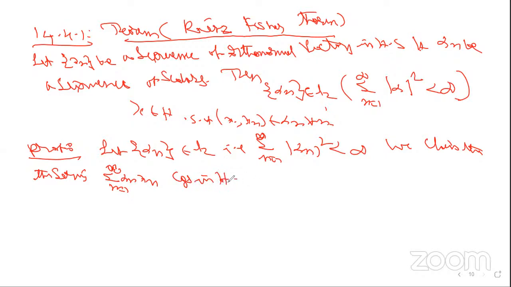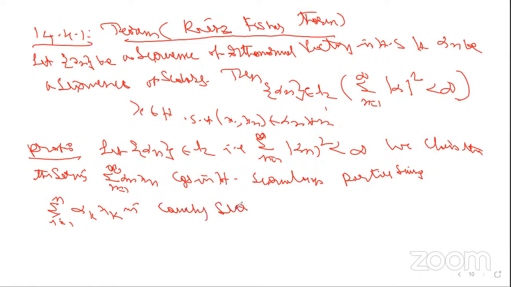To show this, it is enough to show that the sequence of partial sums, sigma k equal to 1 to n alpha k xk, is a Cauchy sequence in the Hilbert space. Since H is complete, a Cauchy sequence in H converges.